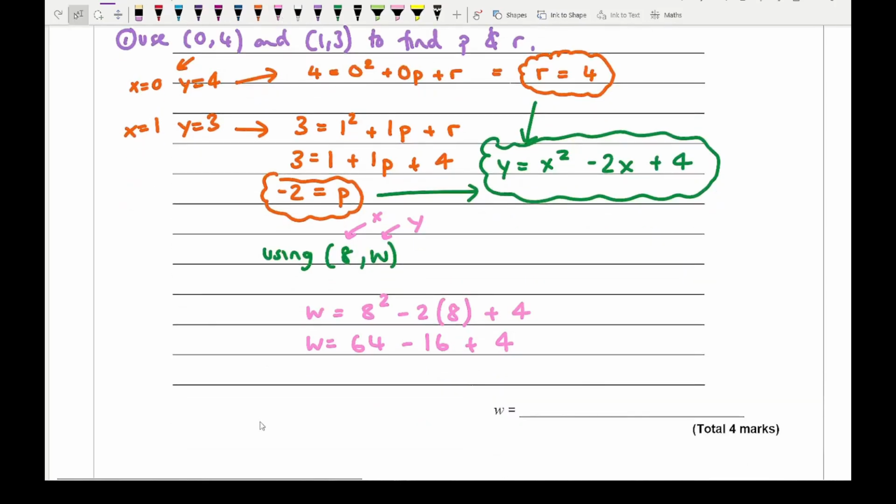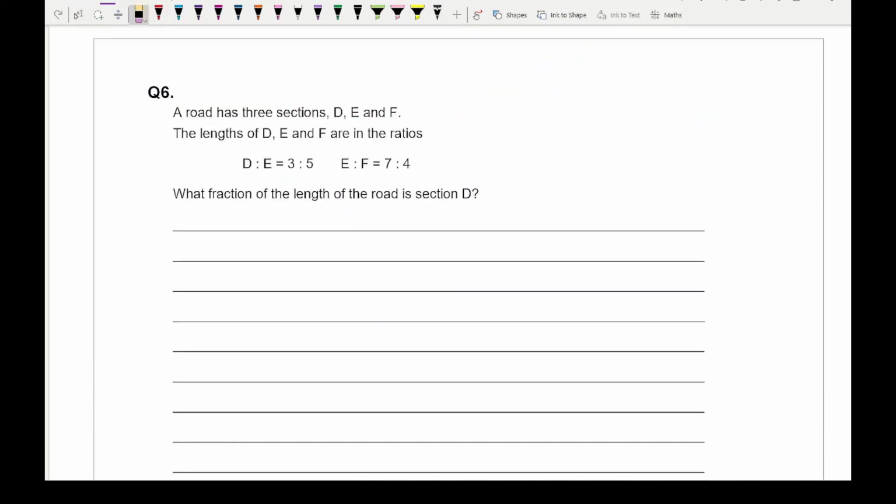So that's going to give me w equals 64 minus 12, and 64 minus 12 gives me an answer of 52.